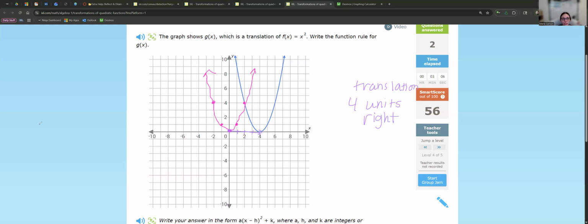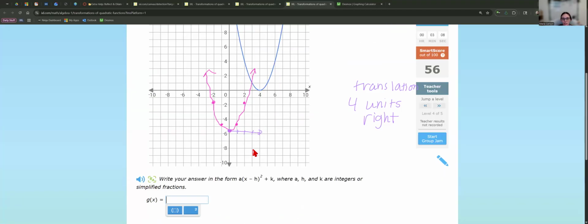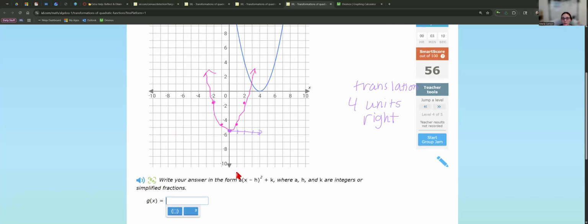To translate this parent function 4 units right, remember going left or right is when you're going to have that number added or subtracted inside of x. So for this parent function, f of x equals x squared, g of x is found by subtracting 4 from x.